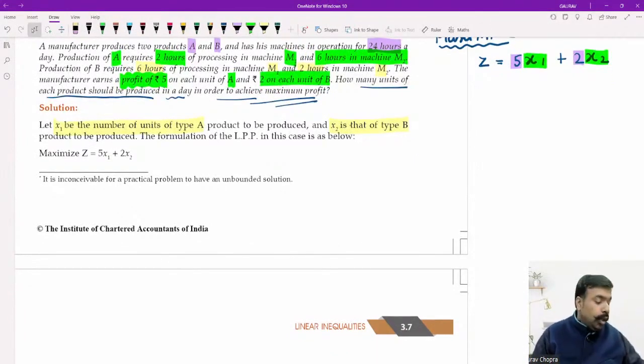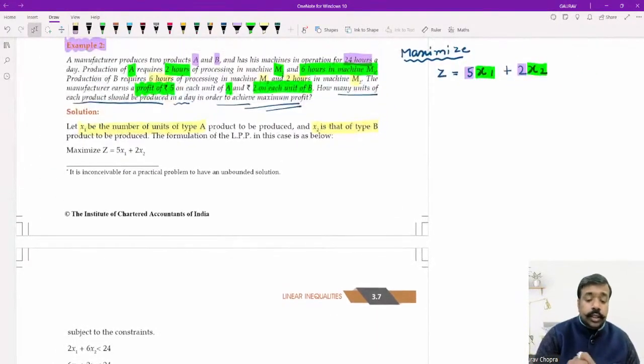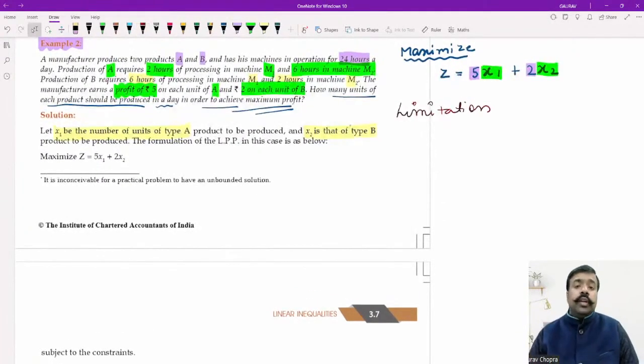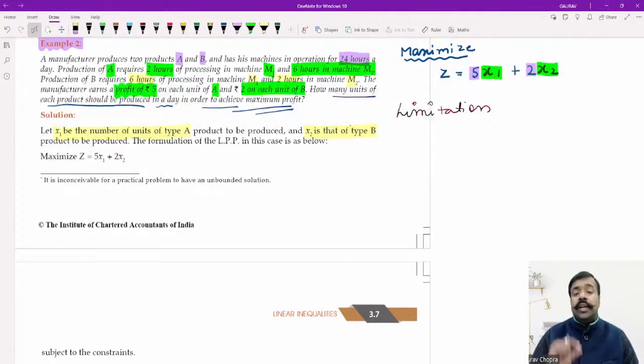Now we have to prepare all the other equations. When we are talking about the equations, we have to see what our limitation is. Always check what the limitation is, because whenever a problem is given, it will focus on what thing is limited. We always read in economics that resources are scarce, resources are limited. So here also we have a limit. What is that limit? The machine can be used 24 hours in a day.